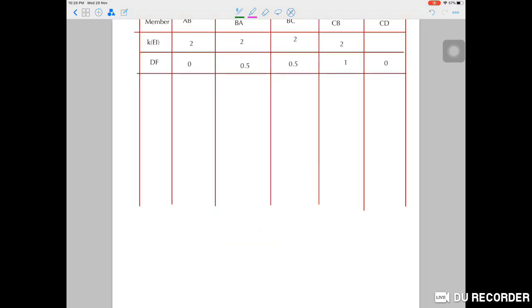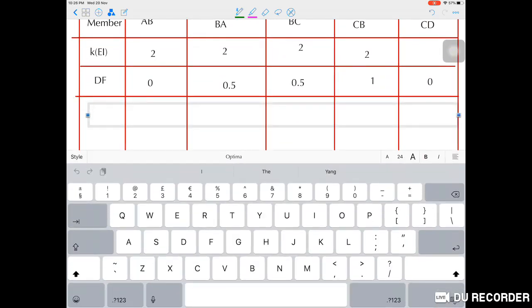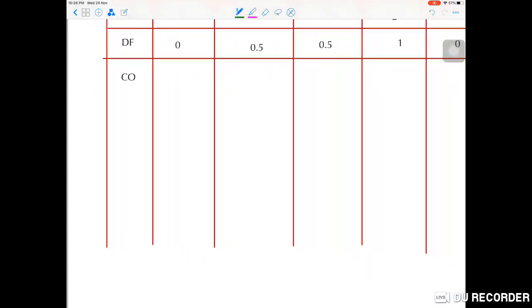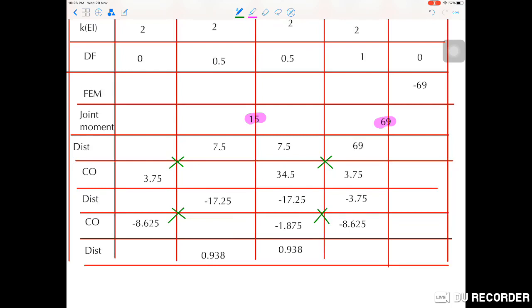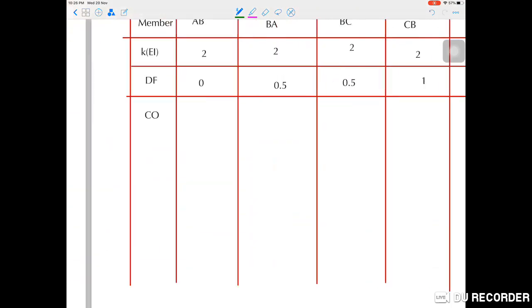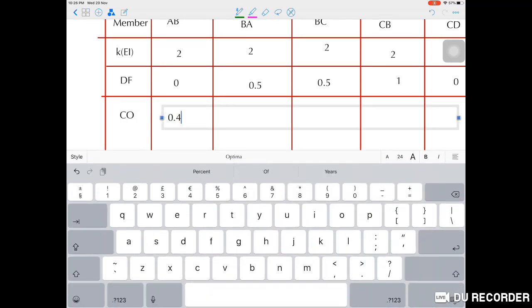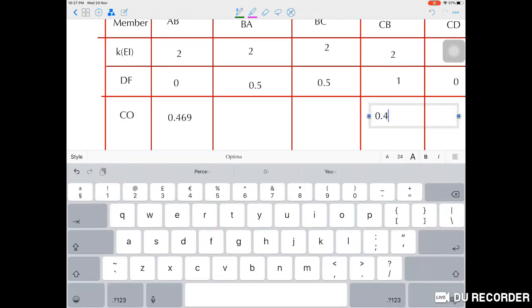The last is distribution. Continue with carryover, CO. So it is 0.938 divided by 2, 0.469.